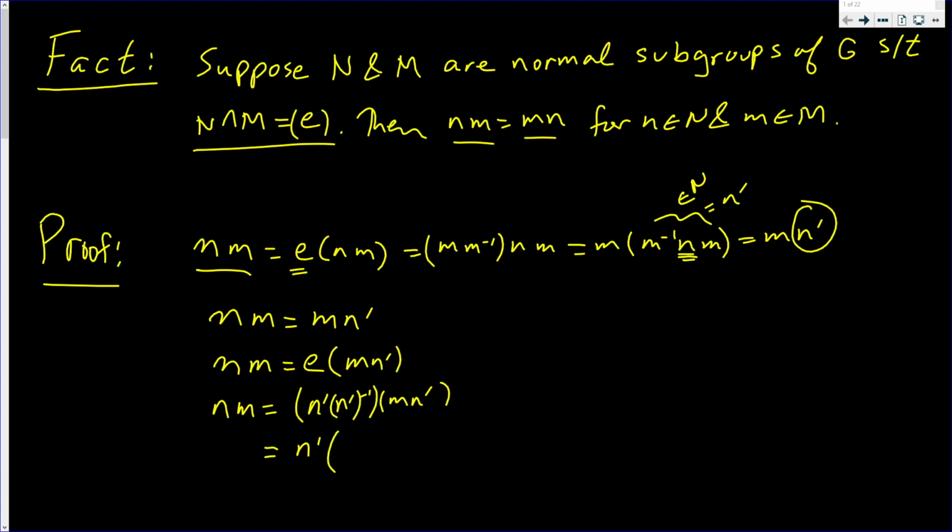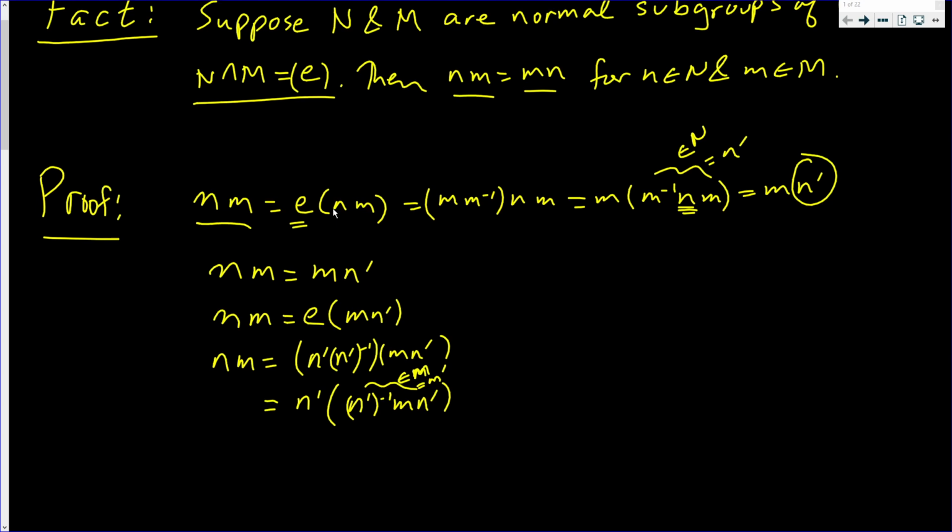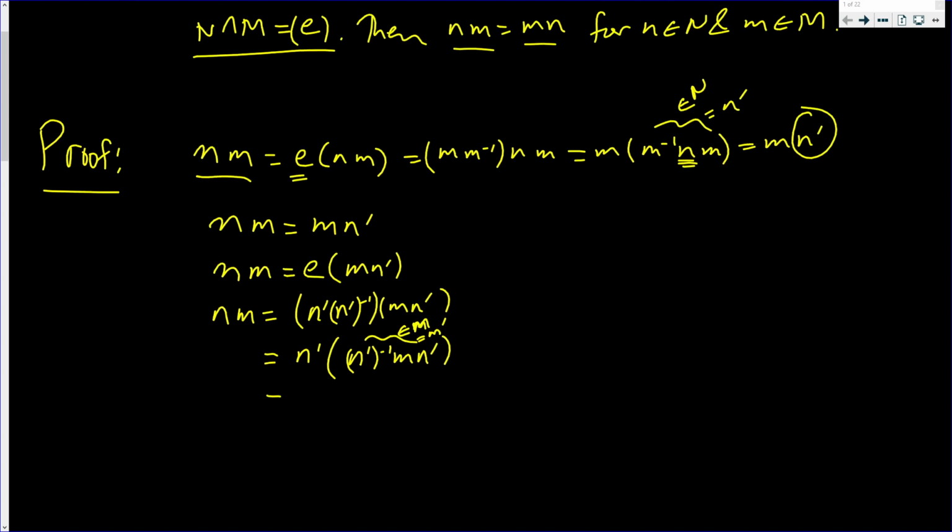This is n prime times n prime inverse times m times, not m prime, but n prime. Now this here is in capital M. That is, it equals, say, m prime. So now we have that this is equal to n prime times m prime.